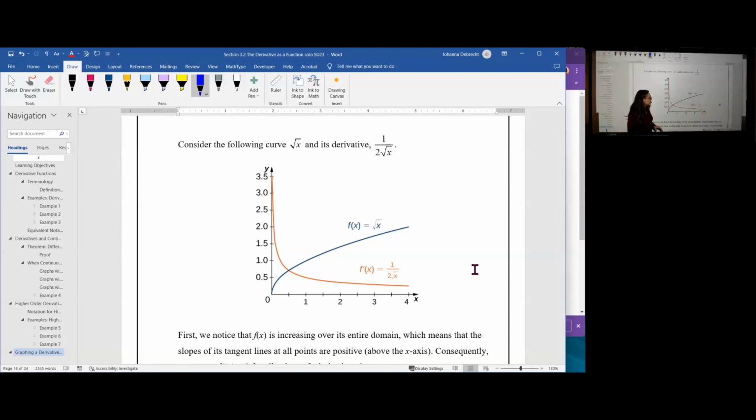When we look at the graph of the derivative, let's imagine what's happening to the values of the slopes of the tangent lines. When I'm close to the origin, do you see how it approaches the origin almost as a vertical line? A vertical line has undefined slope, a constant divided by something approaching 0.